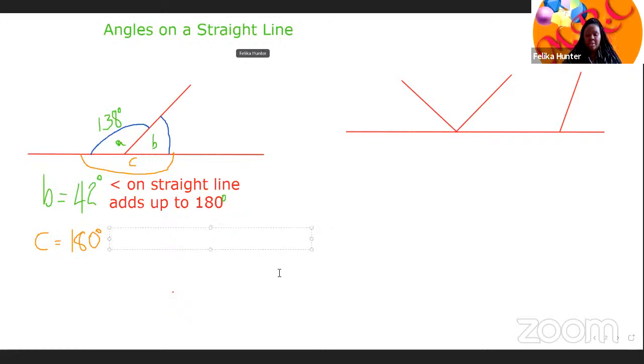Angles on a straight line add up to 180 degrees. So let's put in our degree symbol. Angles on a straight line add up to 180 degrees.